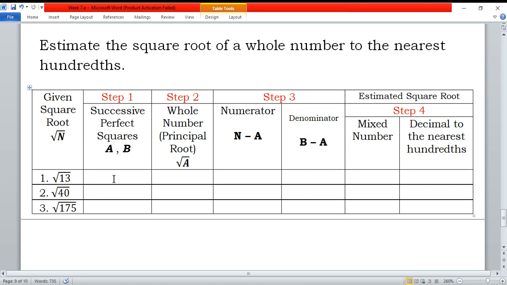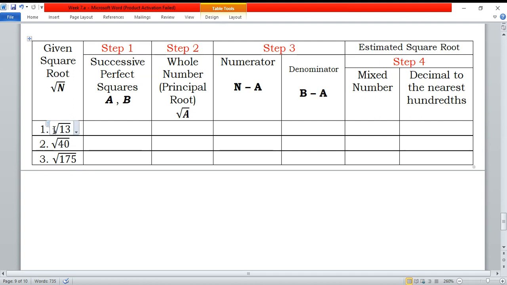Successive perfect squares, yung A at saka B. Yung square root of 13, ano yung successive perfect squares ng square root of 13? Ano yung perfect square na nasa kaliwa niya? Ano naman yung perfect square na nasa kanan niya? So, mag-isip tayo. Kumuha tayo rito ng scratch.